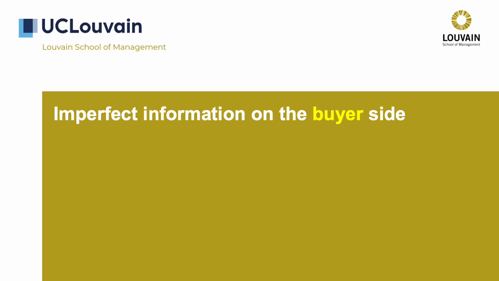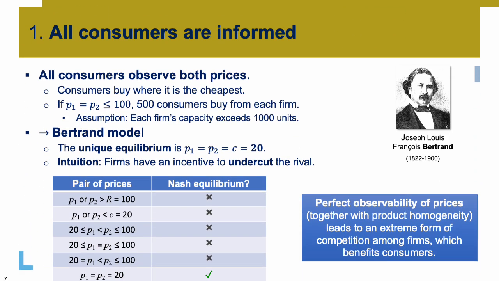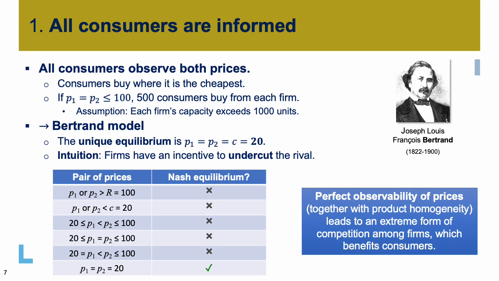Let us start with scenario 1, imperfect information on the buyer side. As a benchmark, let us assume that all consumers are informed in the sense that they all observe the two prices. In that case, because the products are exactly the same, consumers buy where it is the cheapest.